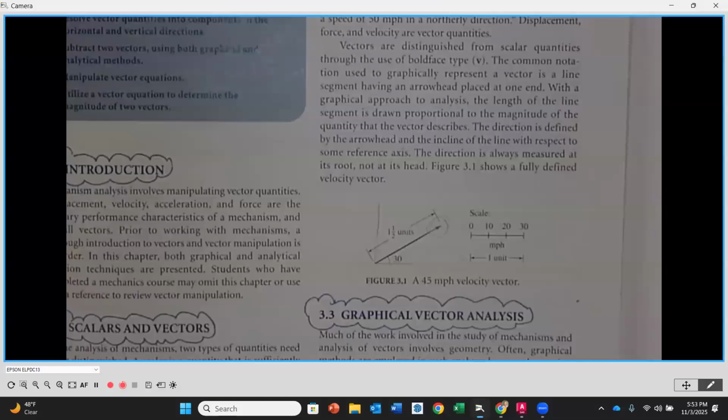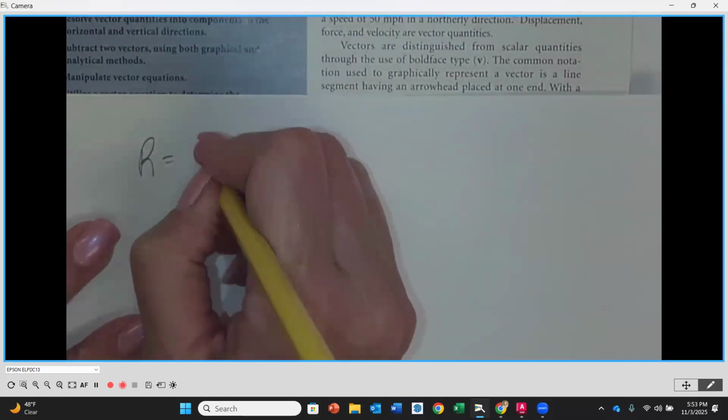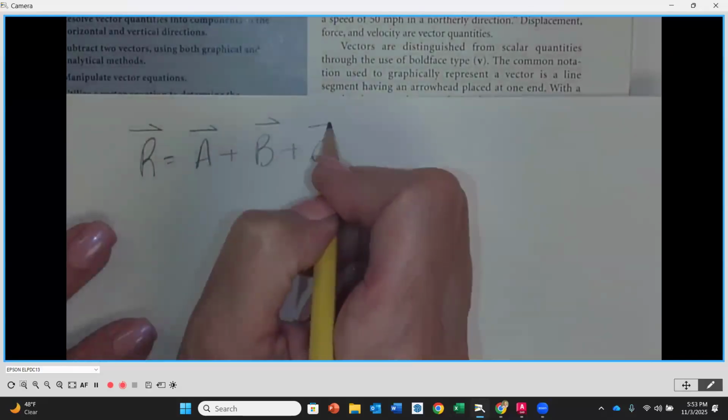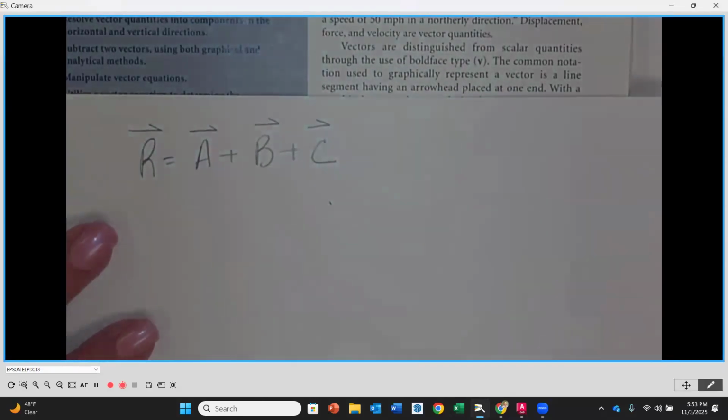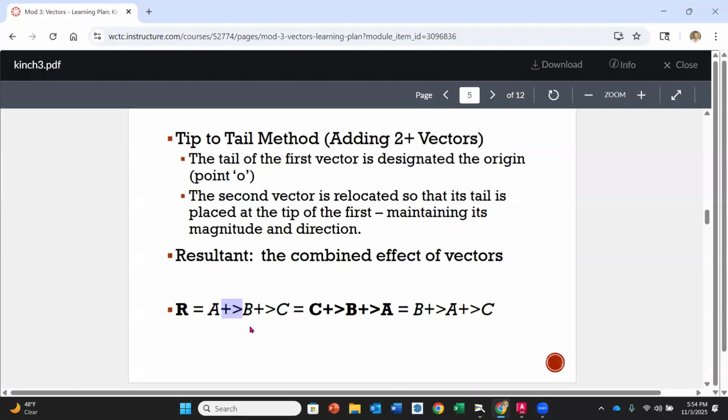Now, if you're drawing this manually, if I say R is equal to A plus B plus C, and it's a vector addition, a lot of times we're going to see the symbol of an arrowhead above the actual variable. But when we just have a keyboard we're working with, or working in CAD, you could draw this above each one. But to be a little bit more efficient, we use the greater than symbol here in back of the operator.